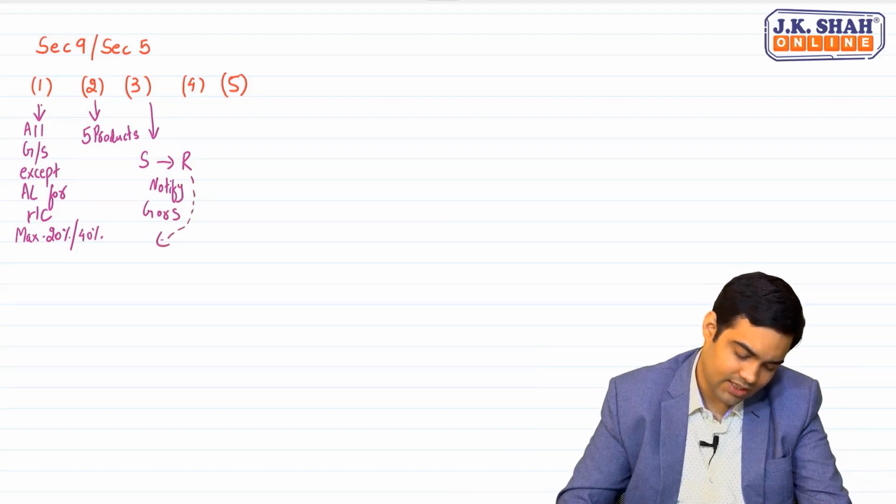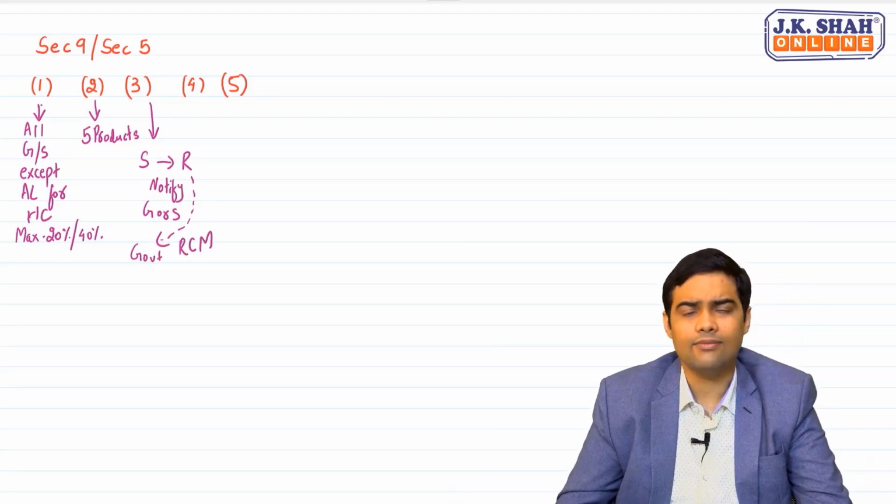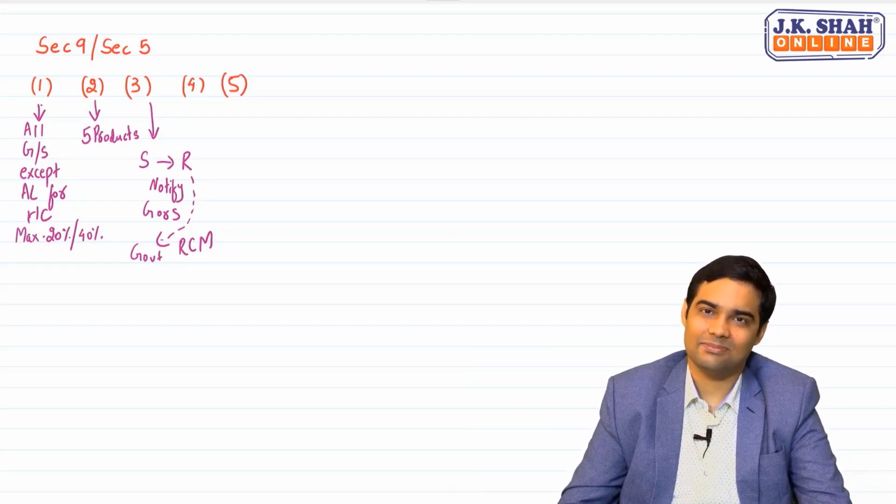Goods or services where recipient has to pay the tax. It's nothing but reverse charge mechanism. In an RCM video, we will see all the goods or services which are there in 9. But for your syllabus, you have only services which are notified under reverse charge mechanism.